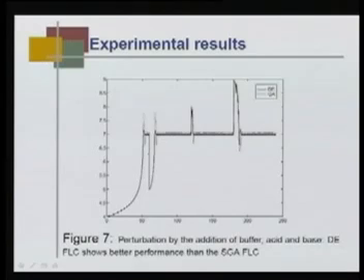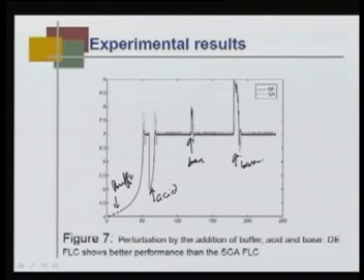So, you see here that the acid is added, here buffer, here base, and here again base. The dotted one is the genetic algorithm, whereas differential evolution is the solid line.